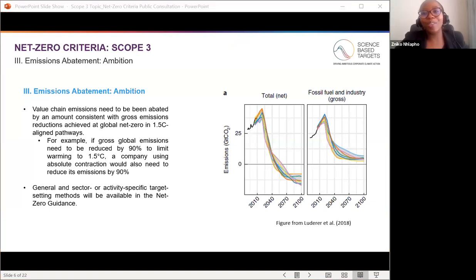When we speak of Scope 3 ambition, this indicates the minimum amounts that companies must reduce their emissions to reach a state of net zero consistent with the ambition of the Paris Agreement.